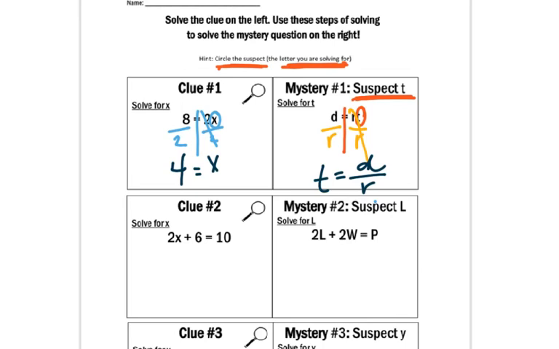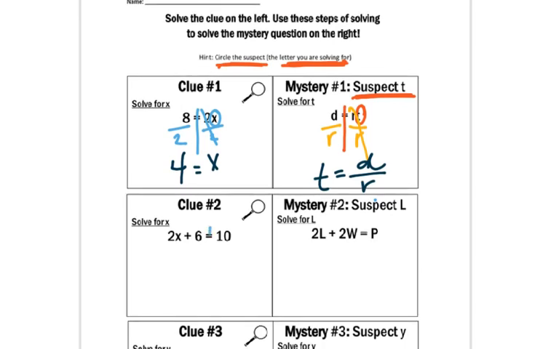So let's try the same idea with clue number 2. In clue number 2, it says solve for x. Oh, solve for x, you're good at that. To solve for x, we need to circle the letter that we're solving for. To get that x by itself, we're going to start by subtracting 6 on both sides.